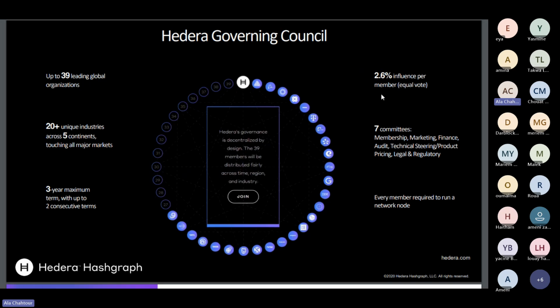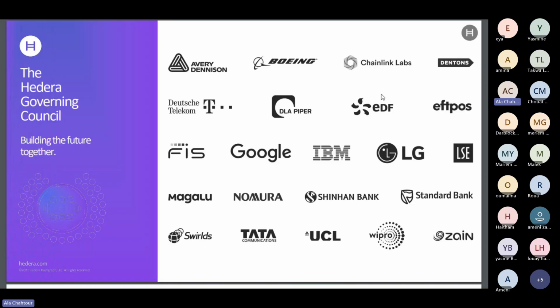It means that the validators are selected one by one. So the Hedera team selects their validators one by one, and this is an example of the enterprises that are now validators on Hedera.